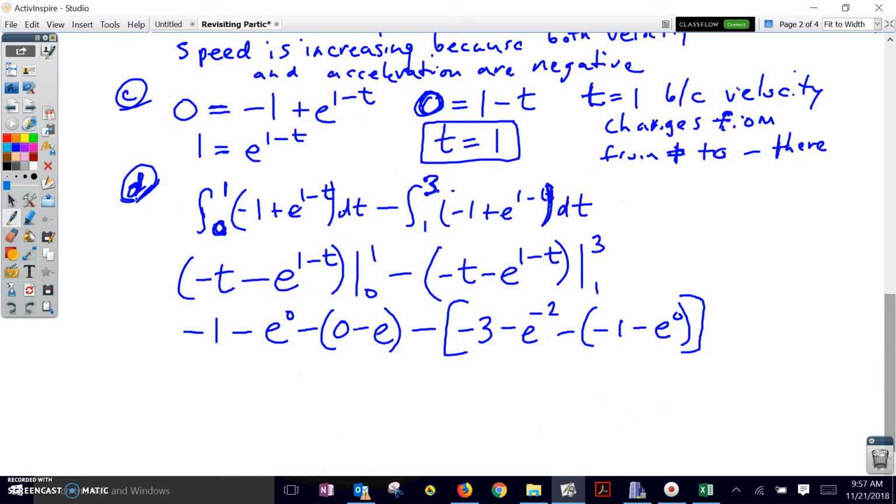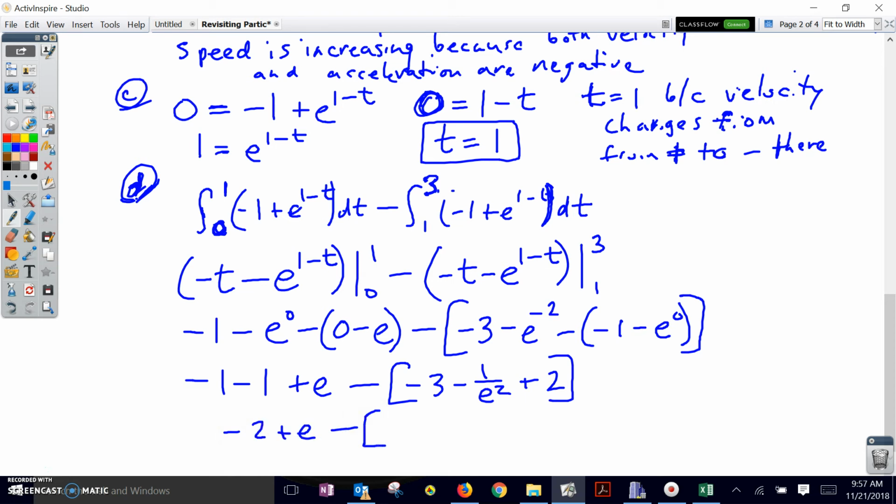And if we calculate all this stuff out, we've got minus 1 plus e minus 3 minus 1 over e squared plus 2. So we've got negative 2 plus e minus negative 1 minus 1 over e squared. And so we end up with the total distance traveled being negative 1 plus e plus 1 over e squared.